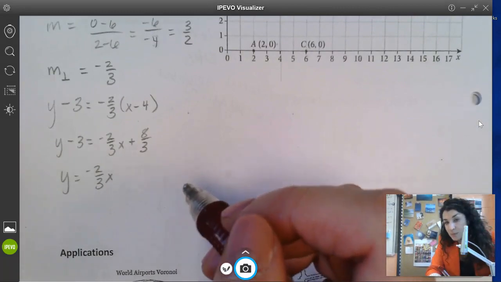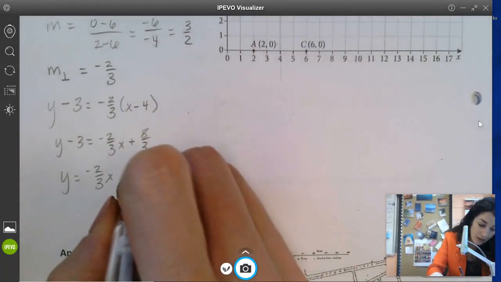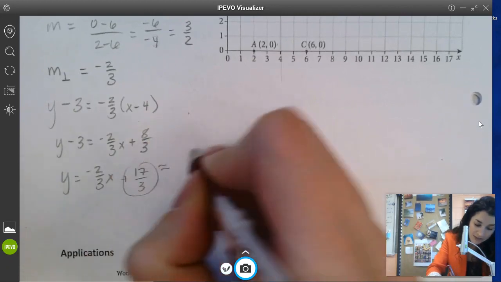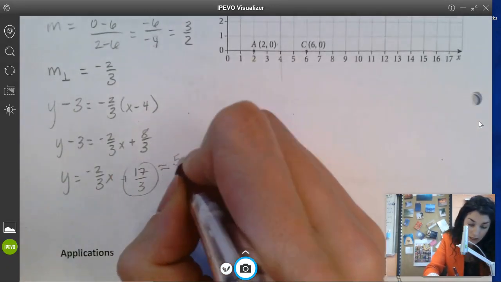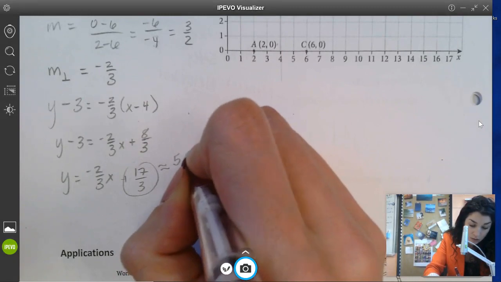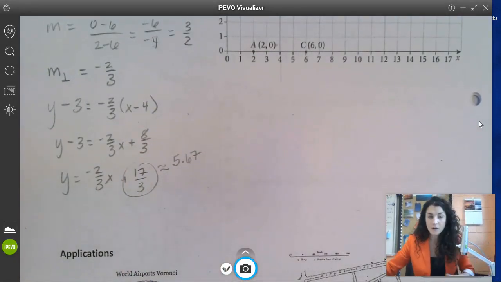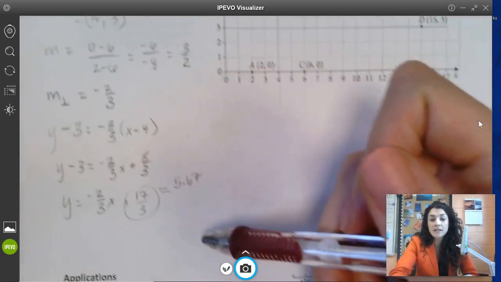It's 9/3 plus 8/3, so that's 17/3, which is 5 and 2/3, or 5.67. But you can do that on your calculator. Okay, so this is the equation of my line.